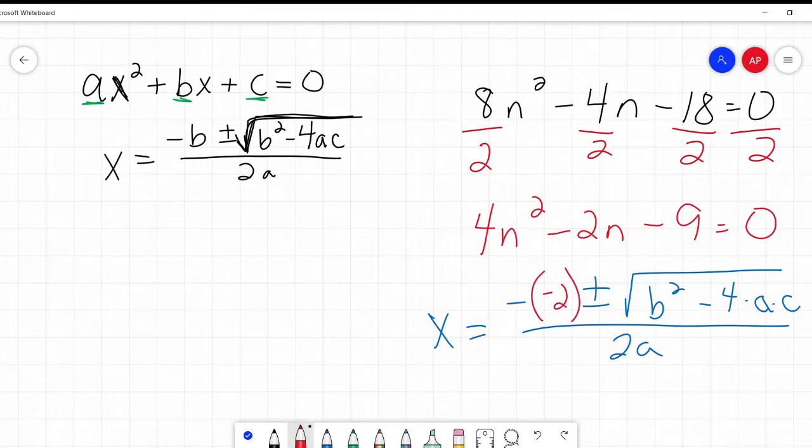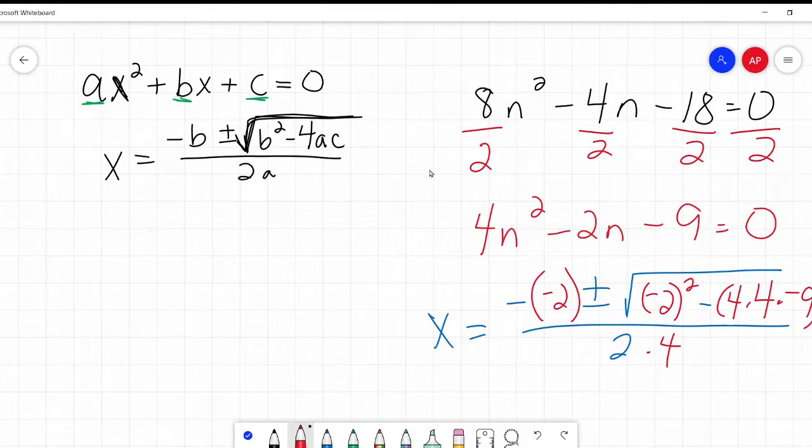And here, b squared, negative 2 squared. 4 times a times c. 4 times, my a is 4. My c is negative 9. And on the bottom, 2 times a. My a is, again, 4.